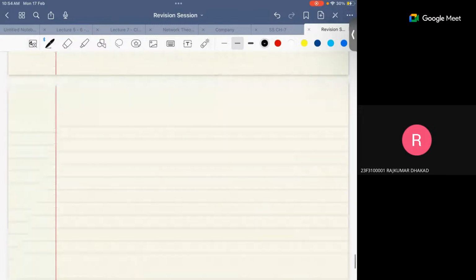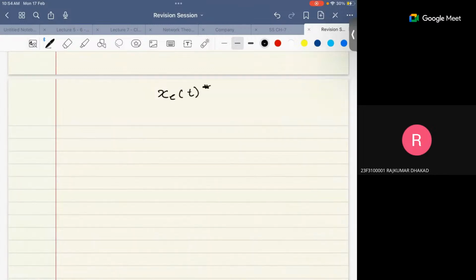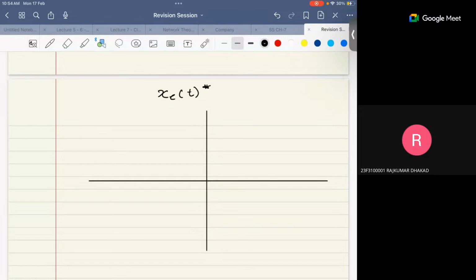And if you have been given the partial even part, now what will you do? How will you calculate the whole part? The even function is symmetrical about what?